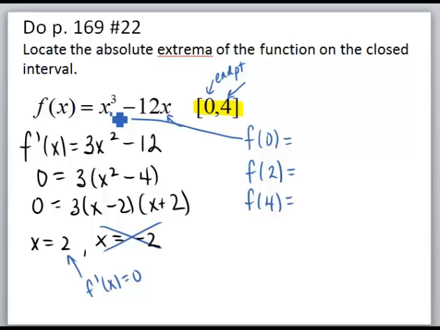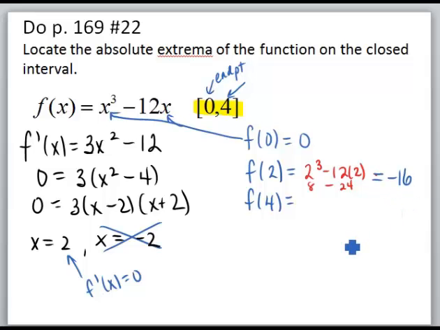That means if I put 0 in here and 0 in here, I only get 0 for my height. When I plug in 2, I get 2 cubed minus 12 times 2. Well, that is 8 minus 24, so that is a negative 16.